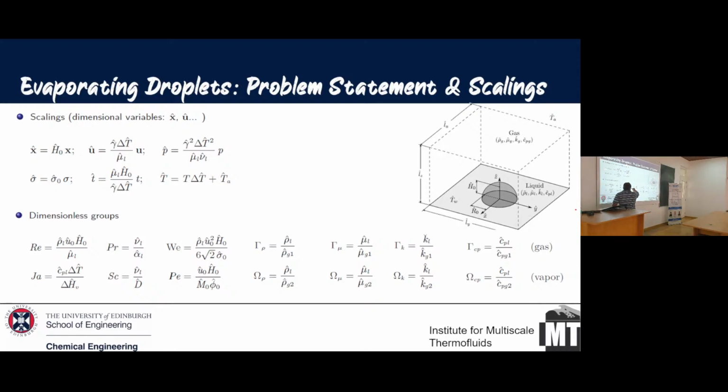You've got the Weber number, which controls the shape of the droplet, and the interfacial Peclet number, which I'll come to in a minute. And you've got density ratios, viscosity ratios, conductivity ratios, you name it. This is what you get for a single droplet.